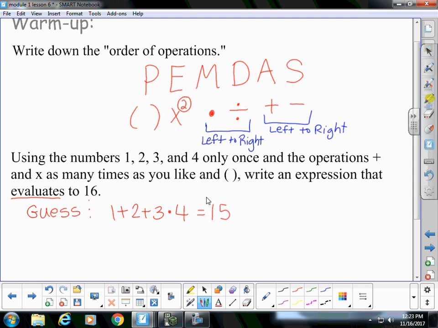Now, they also said we could use parentheses. So, let's see. Maybe I don't want to use them in order. Maybe I'll do 1 plus 3 plus 4, and I'll put those in parentheses, and then say times 2.